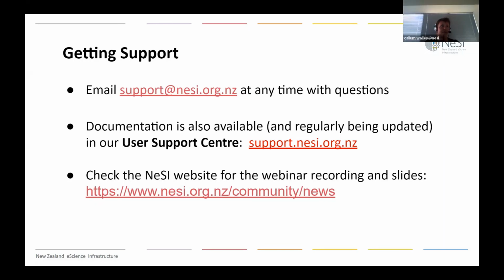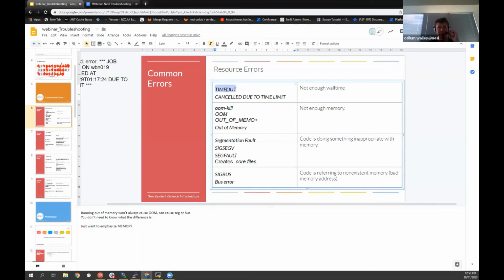That list I had at the start was sort of an amalgamation of what you might get. For example, timeout is a Slurm error, whereas cancelled due to time limit is what would be printed in the standard output.